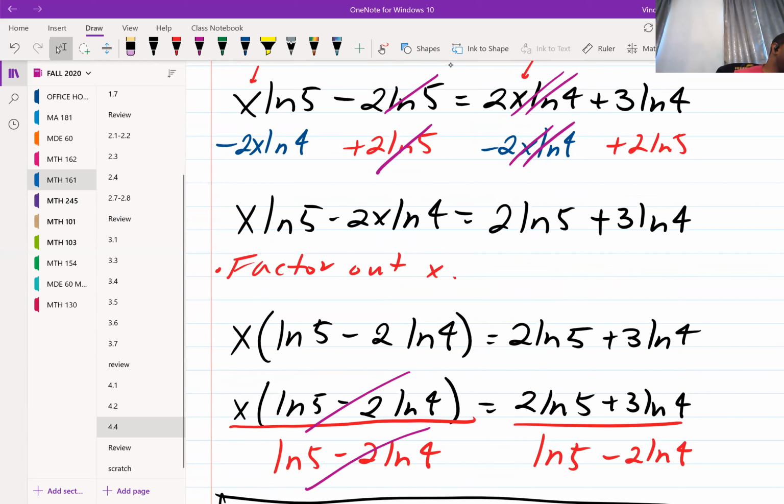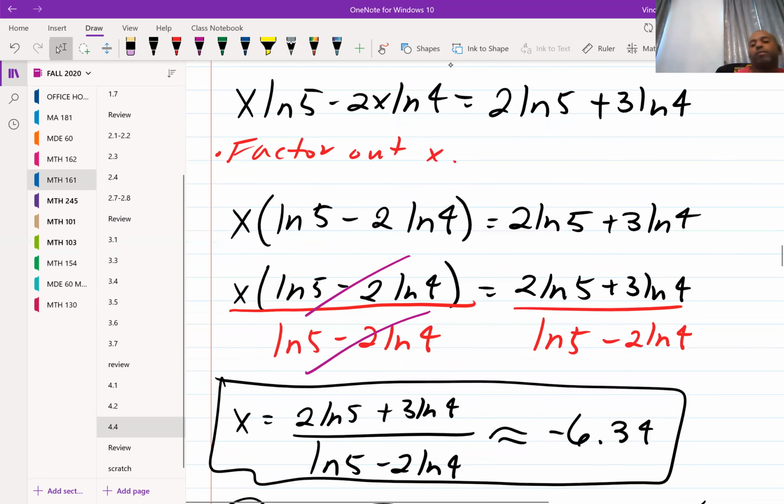The goal is always to get x by itself. And that's your answer, approximately negative 6.34.